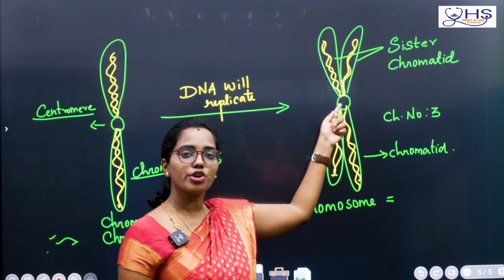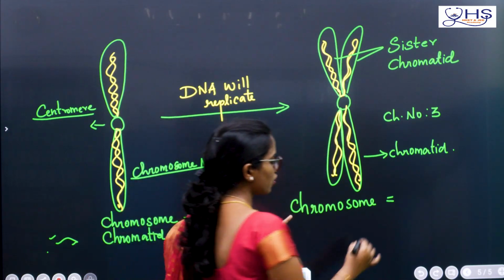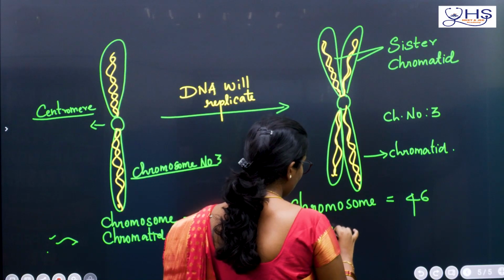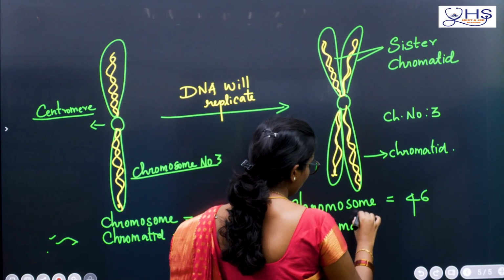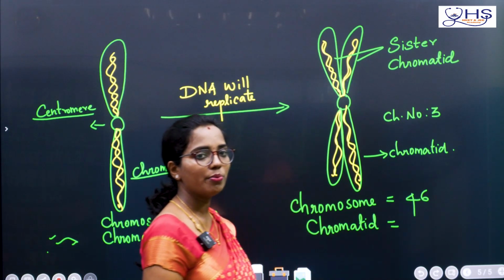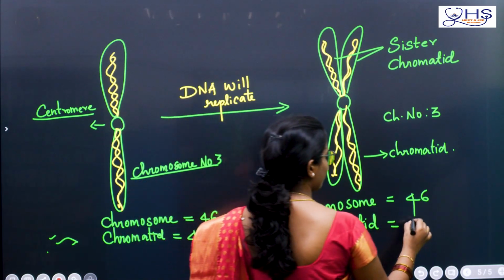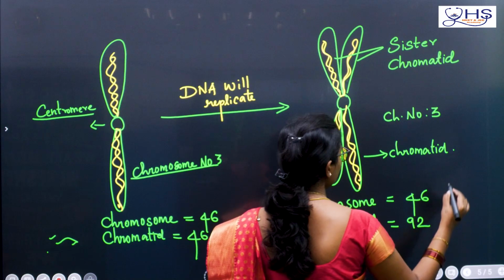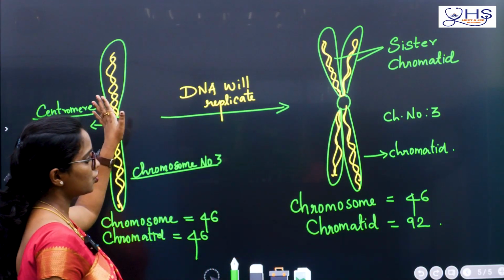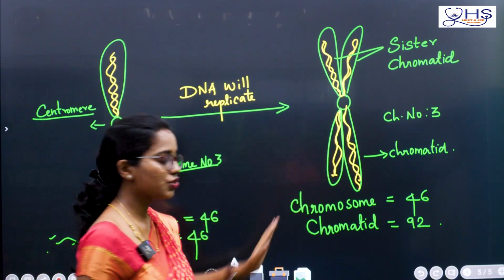The centromere is going to be the same, so the number of chromosomes is going to be the same, 46, but the number of chromatids will get doubled. So doubling of chromatids, you can easily write, it's 92. Now the chromosome structure gets changed from single stranded to double stranded.